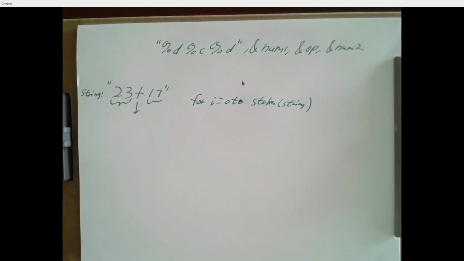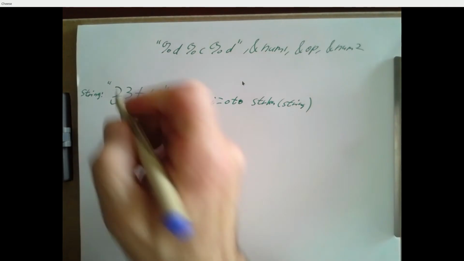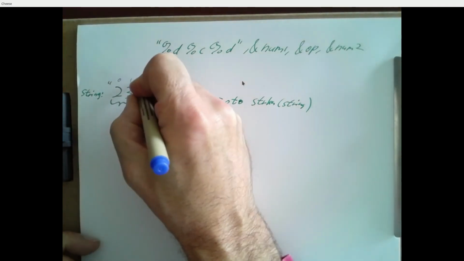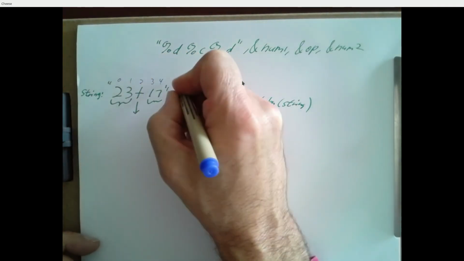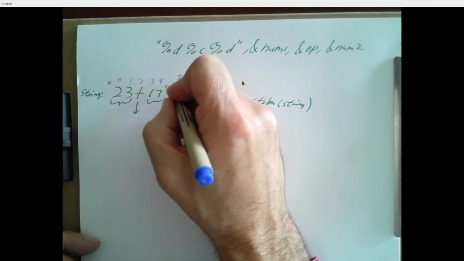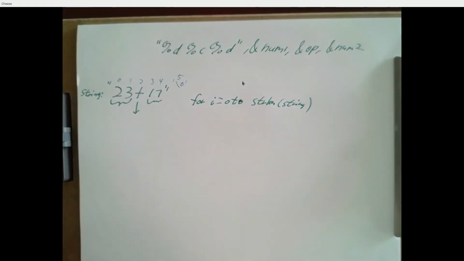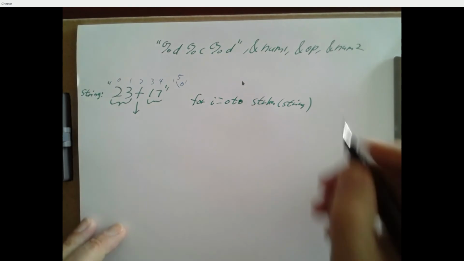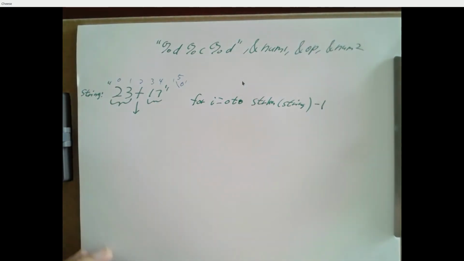If this is our string over here on the left, what is string length going to return? 5. It's going to return 5. So this is element 0, 1, 2, 3, 4. Element 5 is the null terminator. So we probably want to go up to string length minus 1.